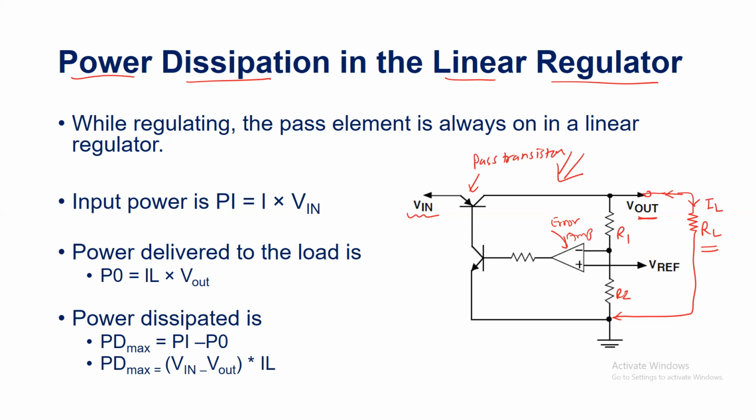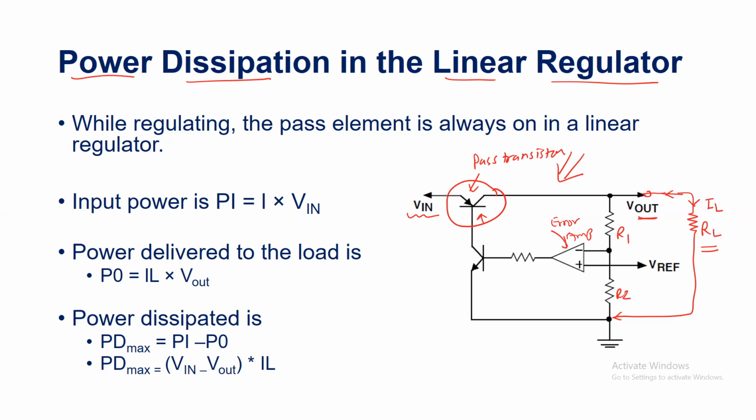While regulating the output voltage, this is the pass element, whether it is a single transistor, NPN or PNP, or a combination of transistors such as a Darlington pair, as we have seen in our previous modules. This pass transistor is always going to be on when you switch on the circuit, right?